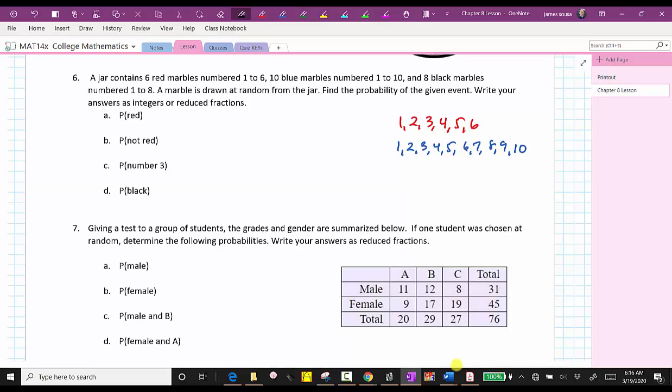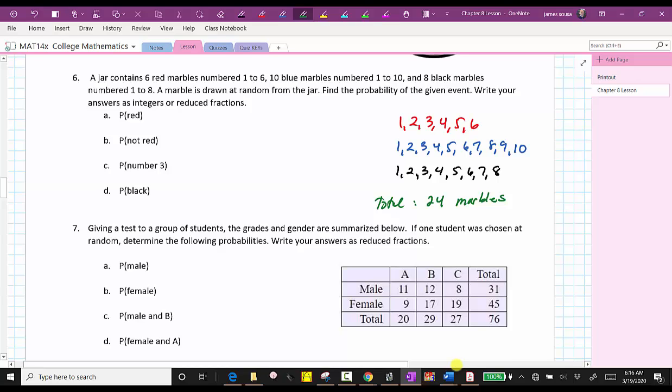And 8 black marbles numbered 1 through 8. Notice there are a total of 6 plus 10 plus 8 are 24 marbles, which means there are a total of 24 possible outcomes if we select one marble.